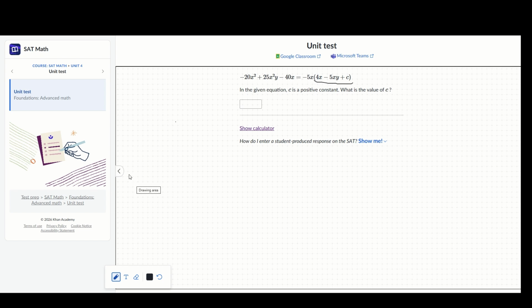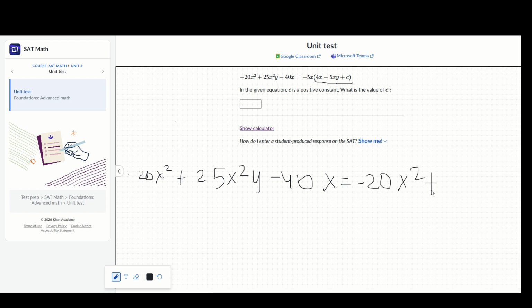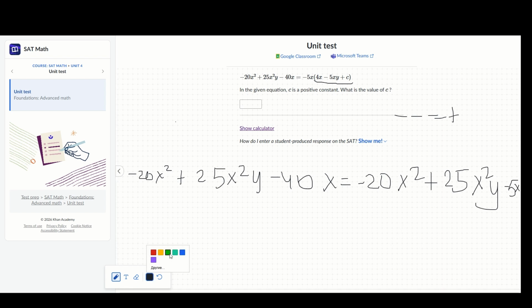Minus 20x squared plus 25x squared y minus 40x equals minus 20x squared plus 25x squared y minus 5xc. I will change color.